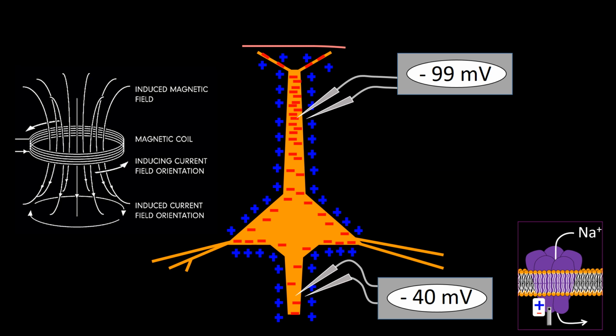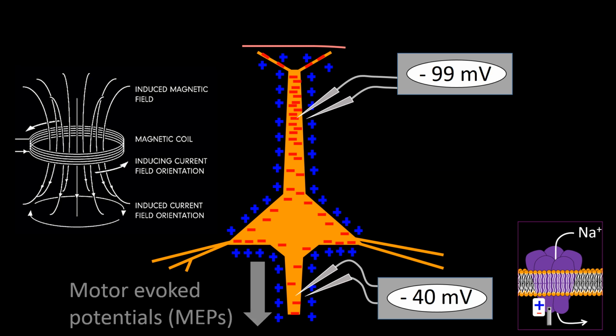The depolarization of the axon hillock will open the voltage-gated sodium channels and the production of a motor evoked potential, which upon activation of the lower motor neurons will produce a muscle contraction. This muscle contraction is termed muscle motor evoked potential.